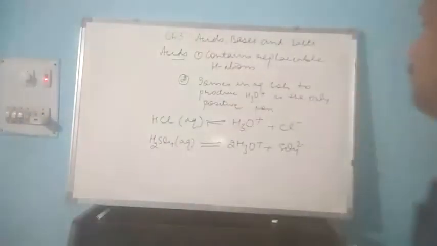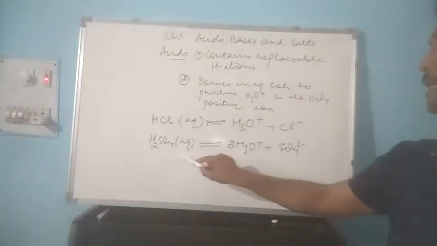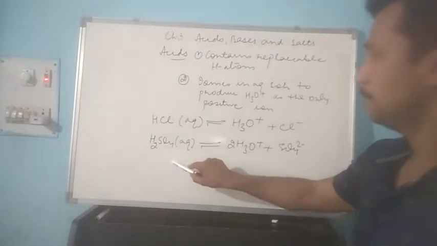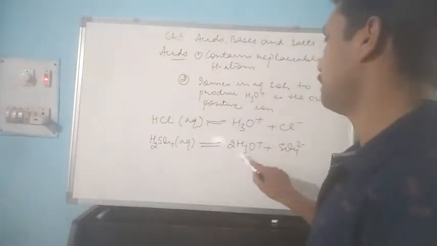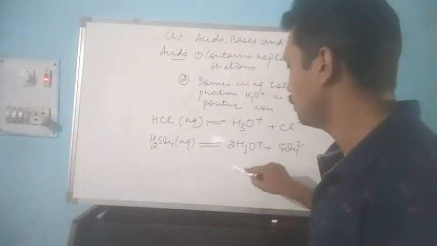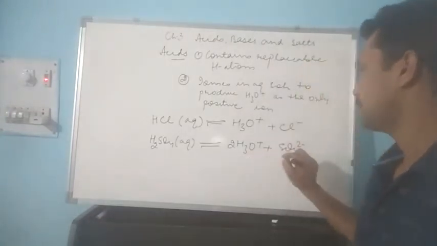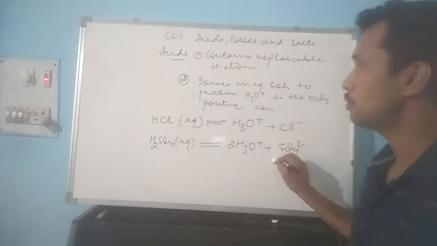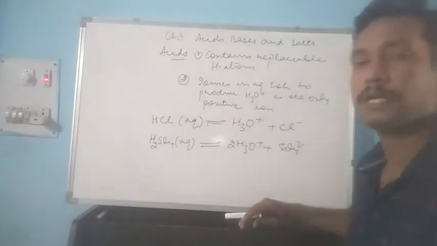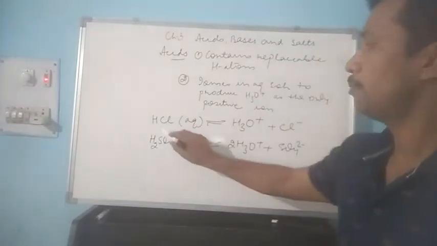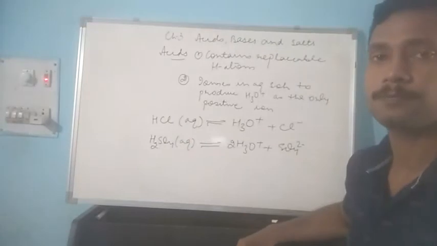So please see here, in sulfuric acid it produces two hydronium ions, that is, the only positive ion is hydronium ion, plus sulfate ion. So again it is fulfilling both the criteria. So this compound is also an acid.